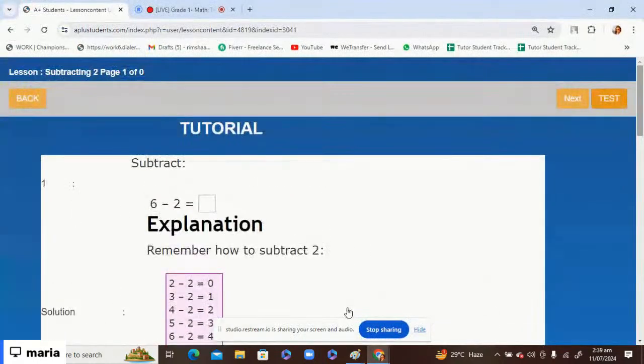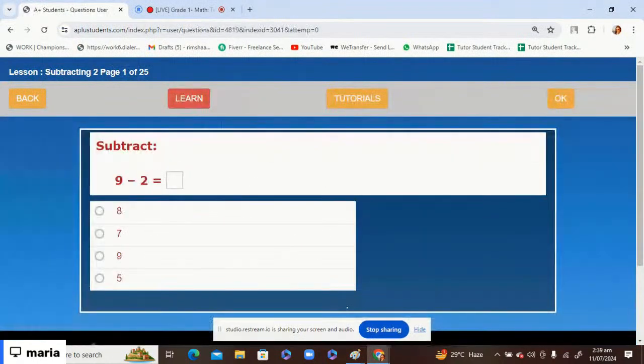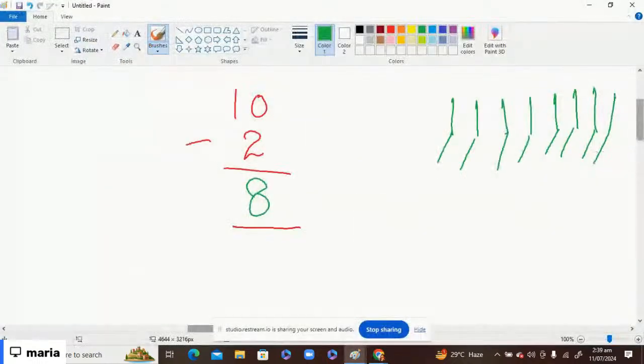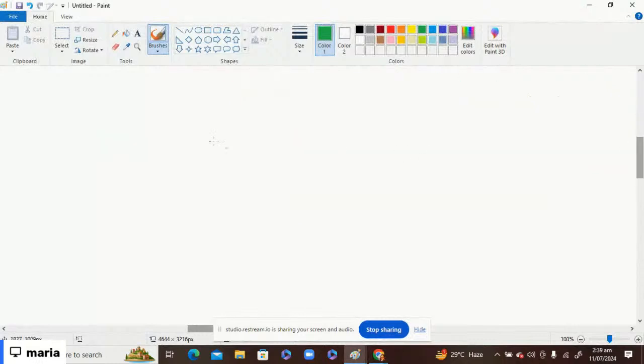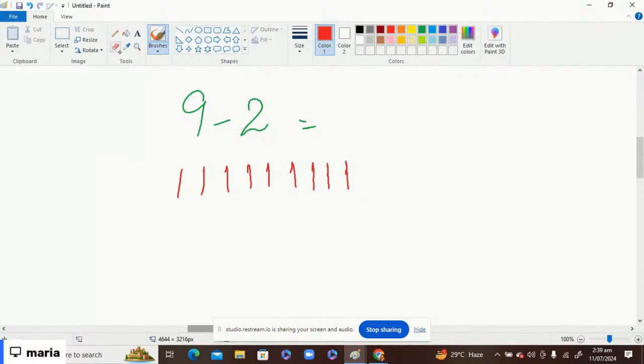Now let's do the test part. So 9 minus 2. Let's solve this one. How can we solve it? First of all, we're going to draw the 9 lines. Let me draw it here: 1, 2, 3, 4, 5, 6, 7, 8, and 9. How many lines did you remove? Only 2 lines.